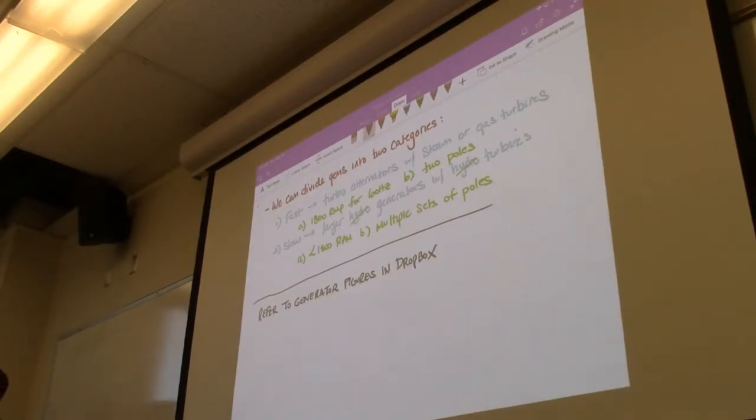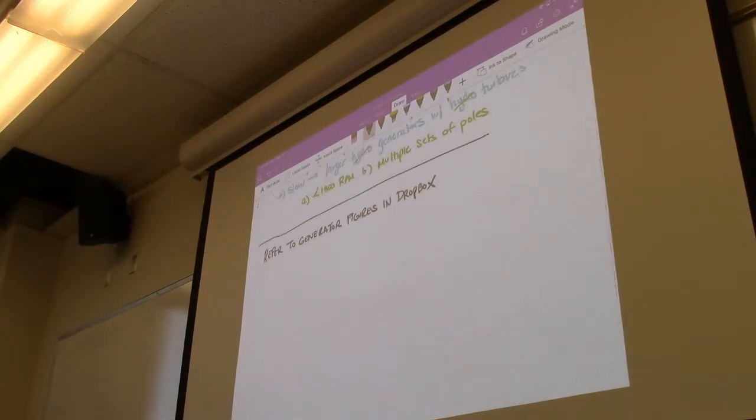As opposed to embedding those figures in the notes, it hasn't come out well when I've tried to do that. I'll just leave them in the Dropbox with the rest of the notes so you can pull those figures up.